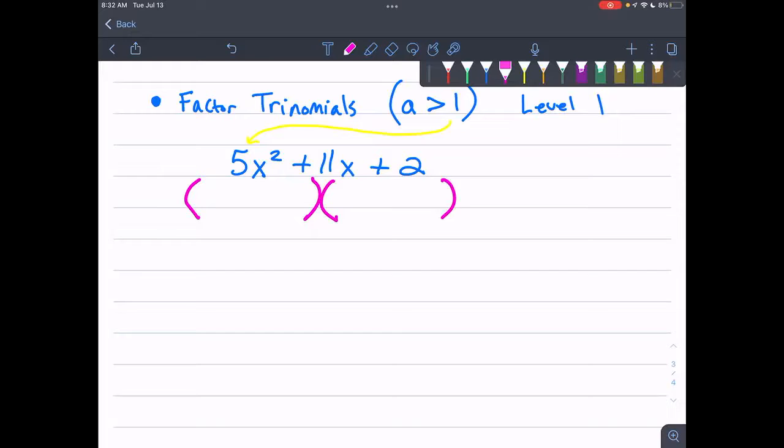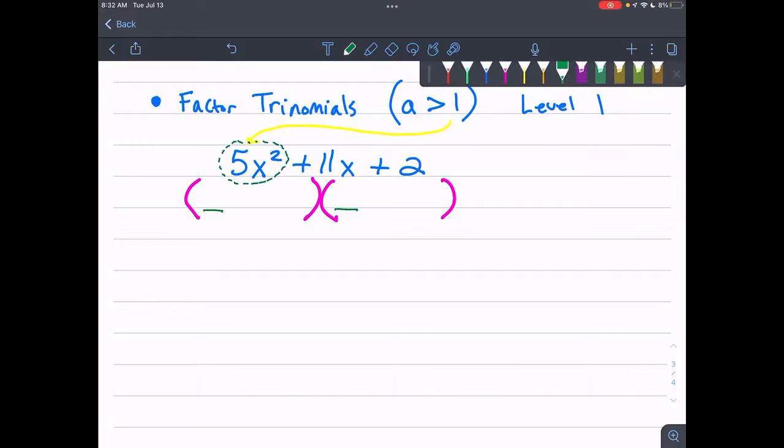Like I said before, trinomials typically factor into 2 parentheses. The first things in both of those have to multiply now to be 5x squared.